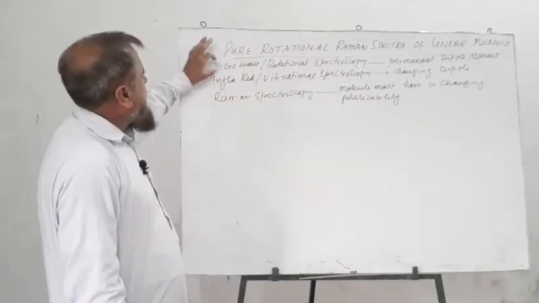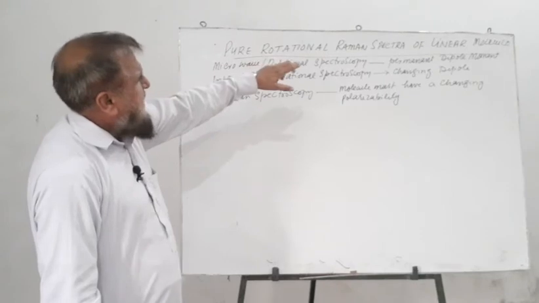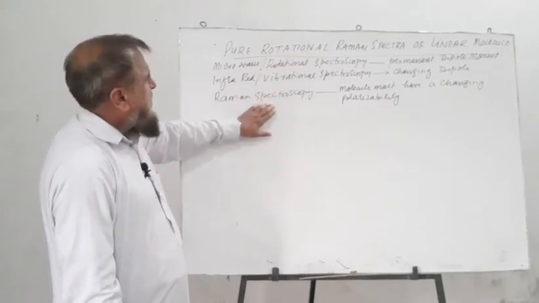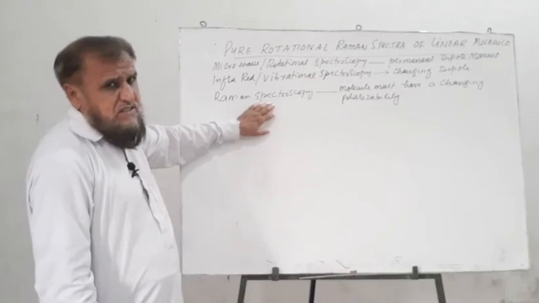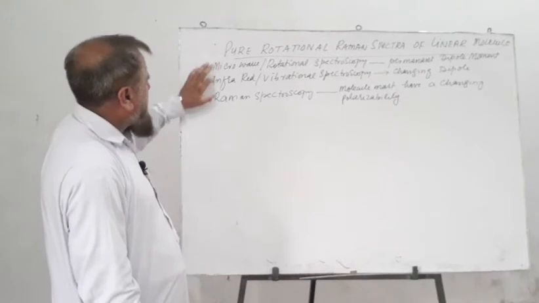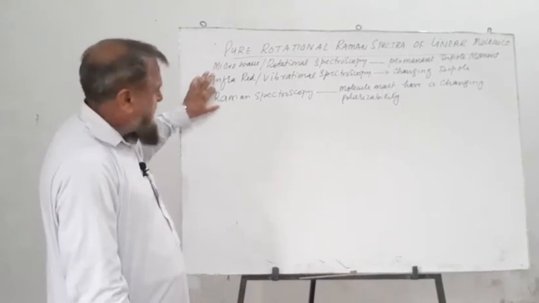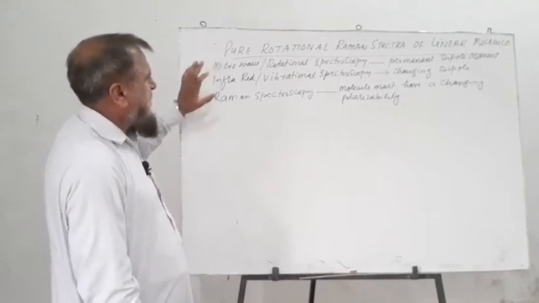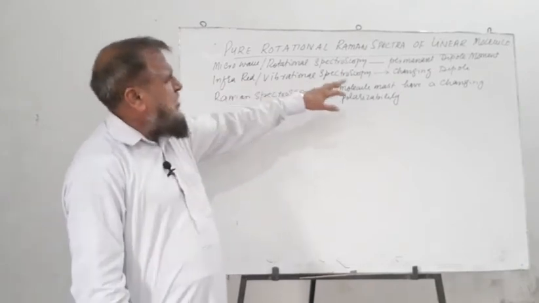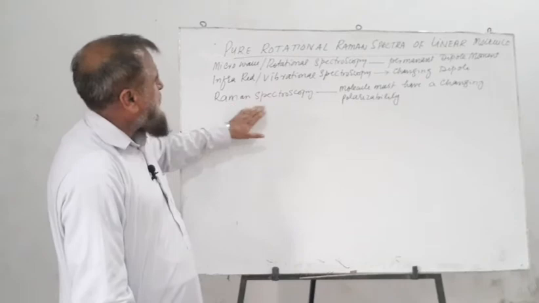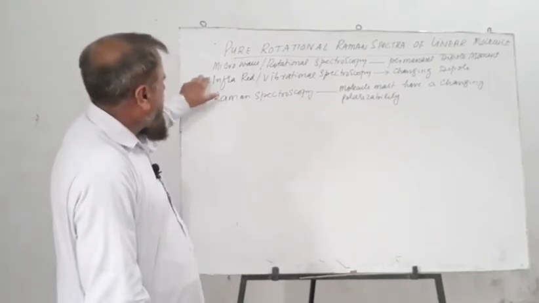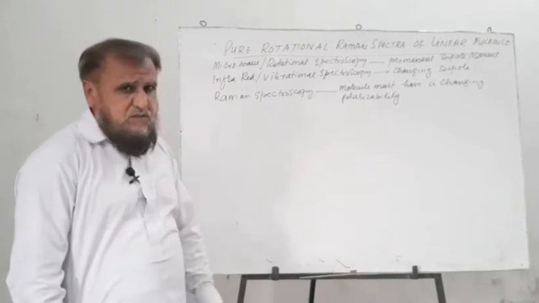If a molecule has a dipole moment and its polarizability also changes, then it will give microwave spectra as well as Raman spectra. It will be microwave active and Raman active. If a molecule shows a change in dipole moment with vibration and also shows a change in polarizability, then it will be infrared active and Raman active.